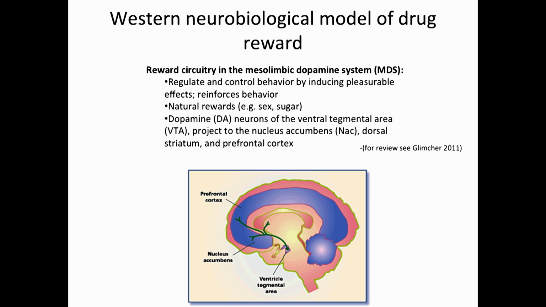The idea here is that during a hunting-gathering lifestyle, these things were hard to come by, but they are essential foods to take in, so we are highly motivated to seek these substances out. The compound responding to this is thought to be dopamine. There are dopamine neurons in the ventral tegmental area, projecting to the nucleus accumbens, dorsal striatum, and the prefrontal cortex.